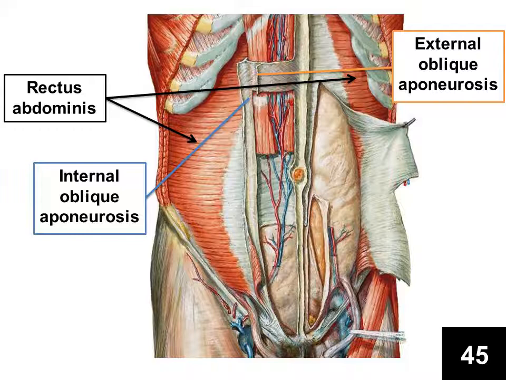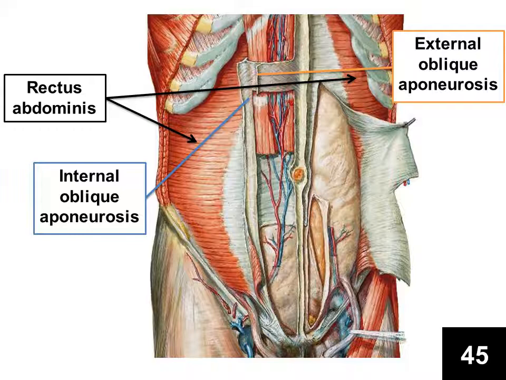But in the lower quarter, all the aponeuroses pass in front of the rectus abdominis. They form the anterior wall of the sheath.